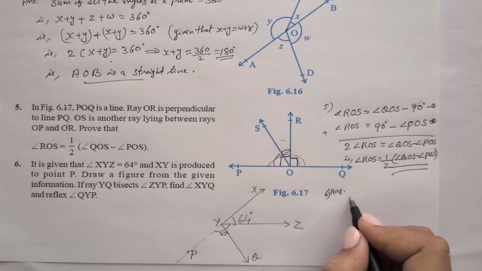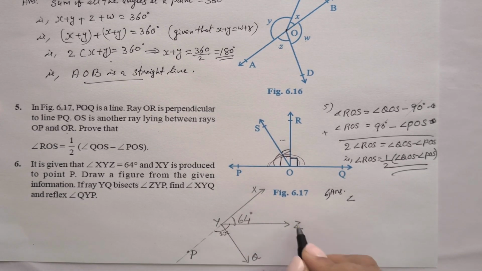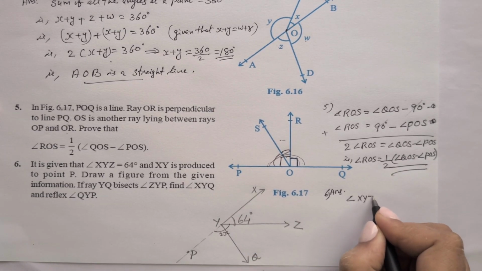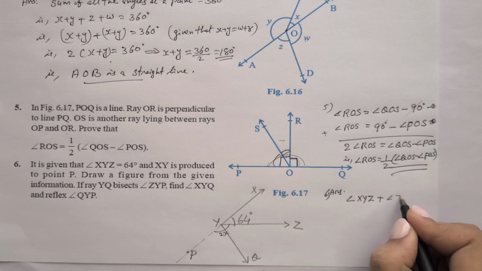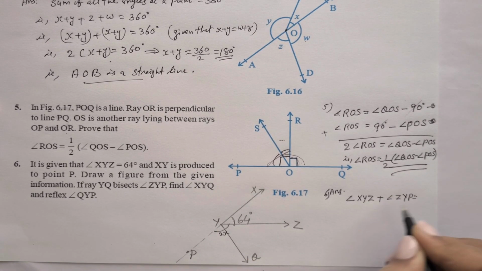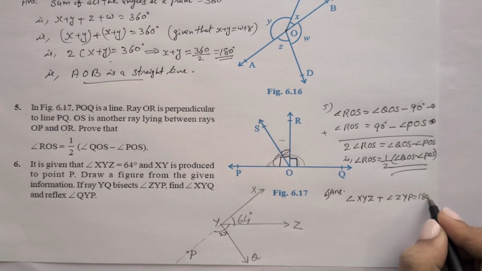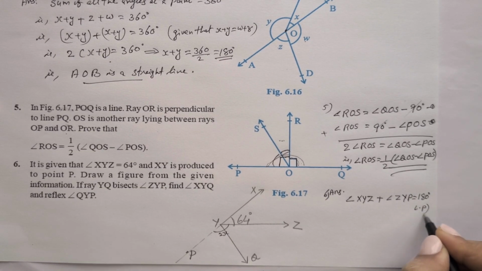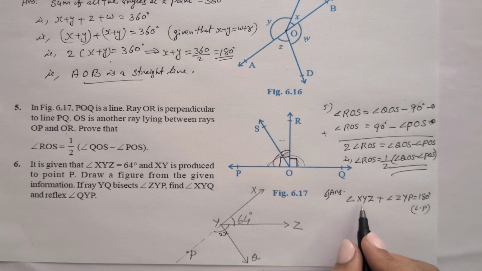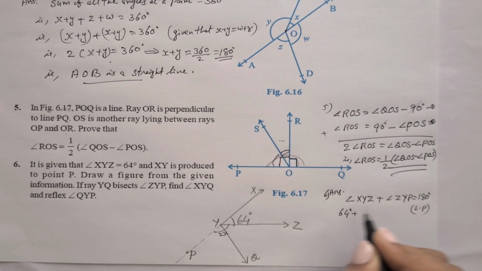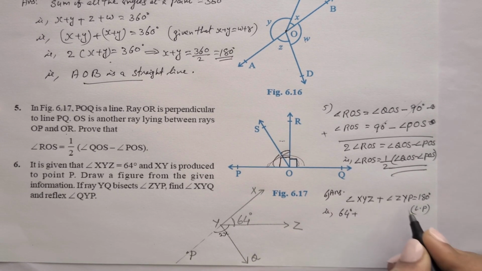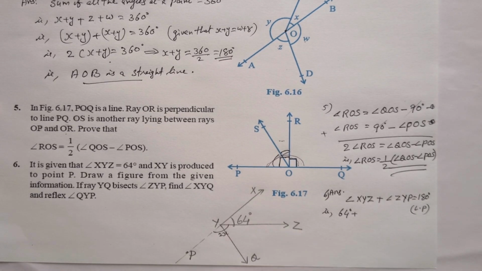So we can write here angle XYZ plus angle ZYP is equal to 180 degrees. Linear pair. So we can put the values. Angle XYZ is 64 plus ZYP, we have taken as 2x.